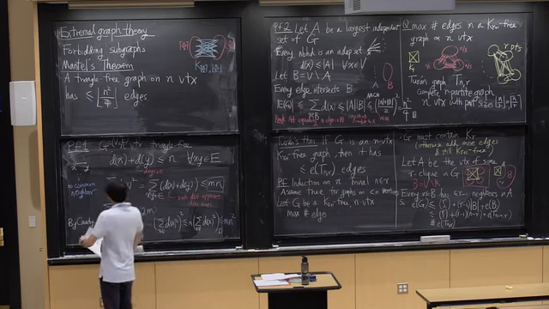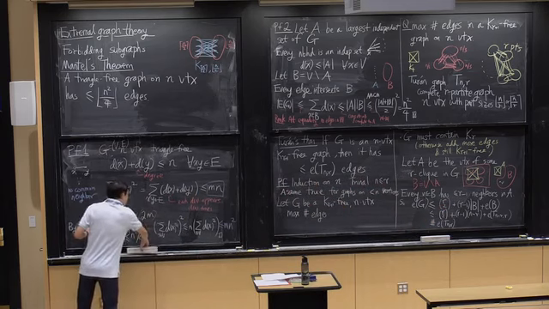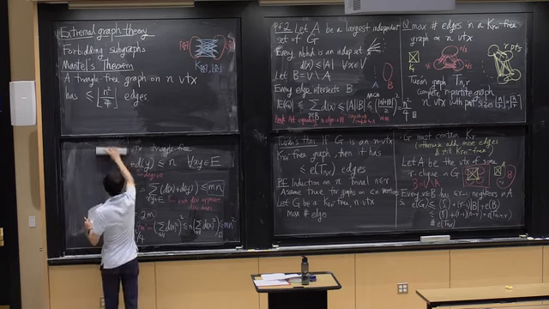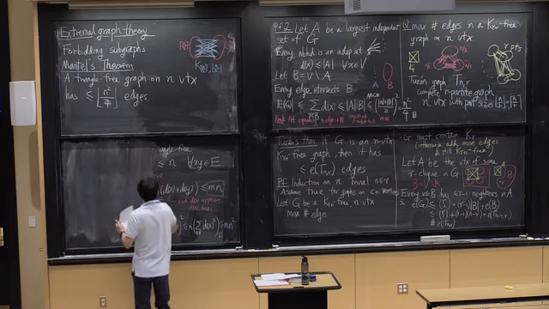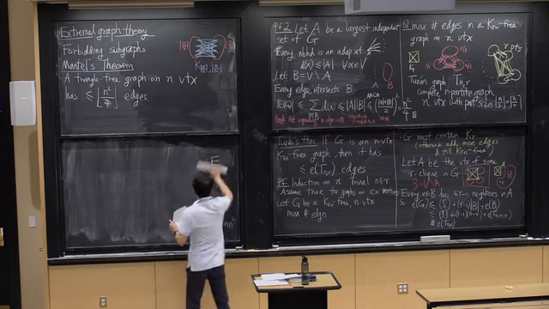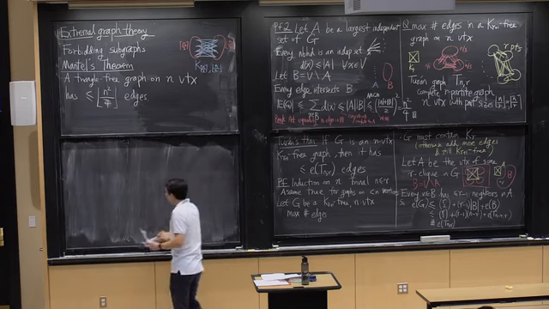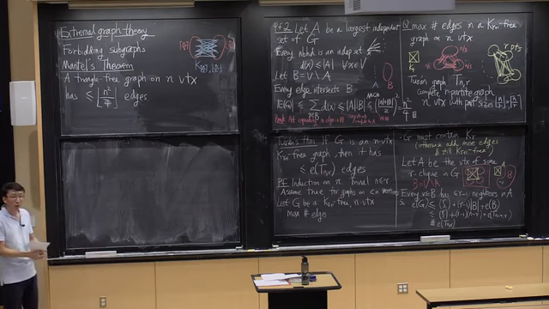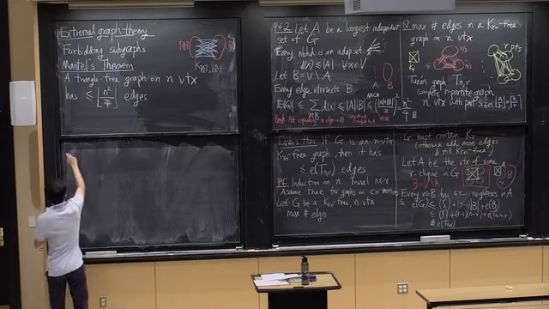But the third proof I want to show is more of a probabilistic proof. This highlights an important method in combinatorics known as the probabilistic method, where we start with a problem that comes with no randomness, but we introduce some randomness to make the problem amenable. And it's a very pretty idea.